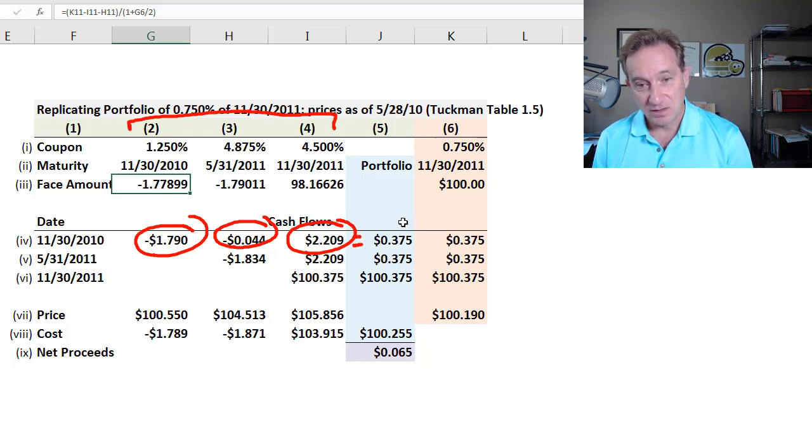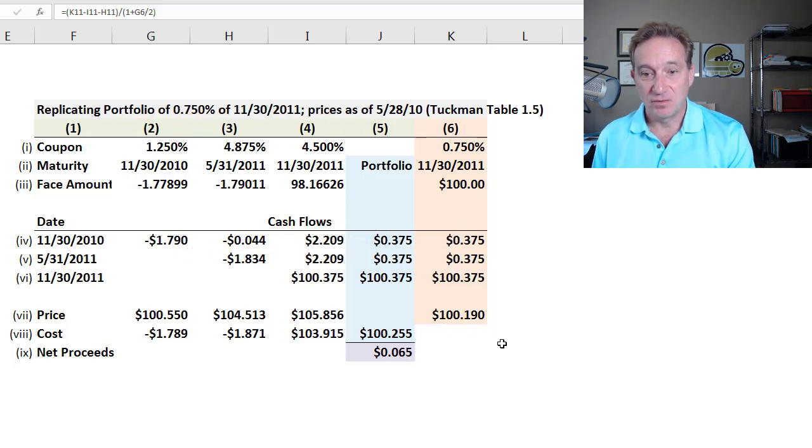And so the net cash flow in my replicating portfolio equals 37.5 cents, and by design, by intention of the whole exercise, equals the 37.5 cents in the bond that I am replicating, the bond that's trading cheap. And so that's the idea.